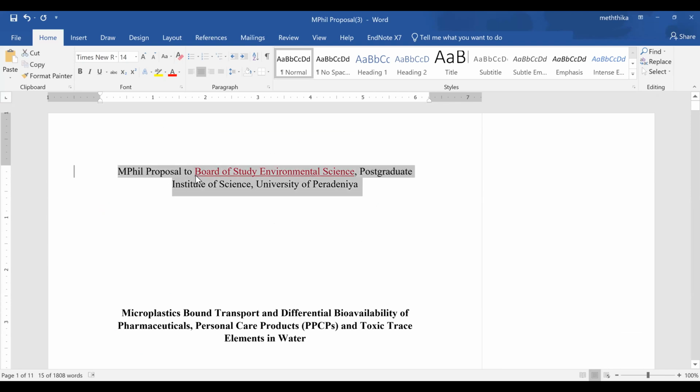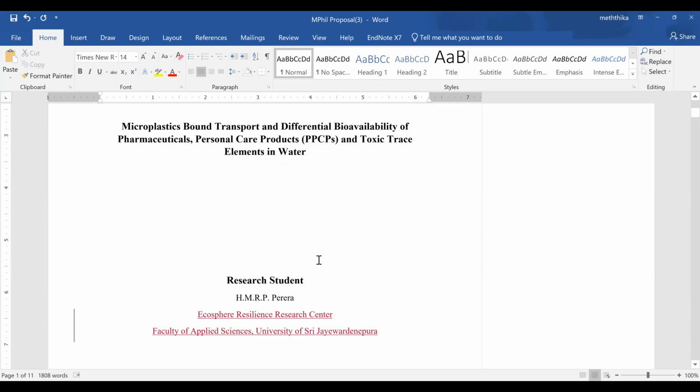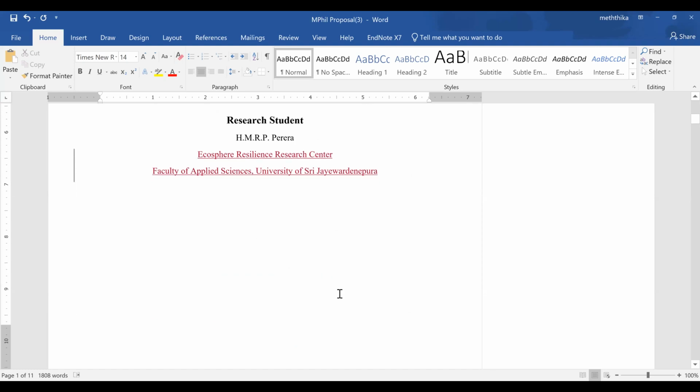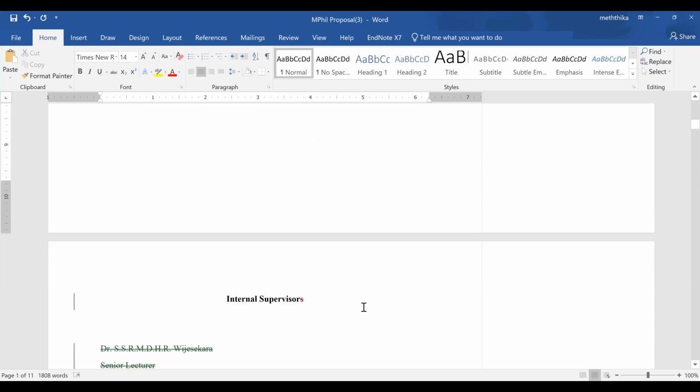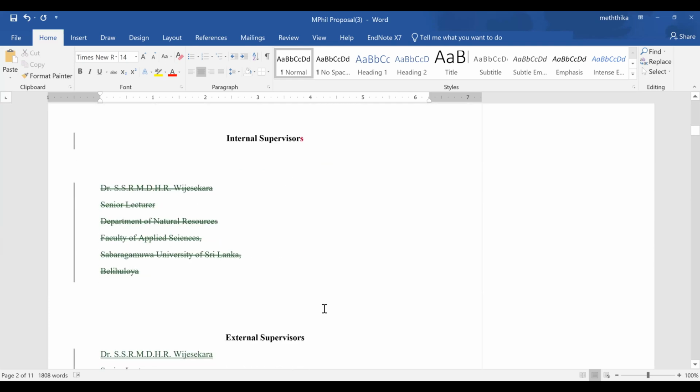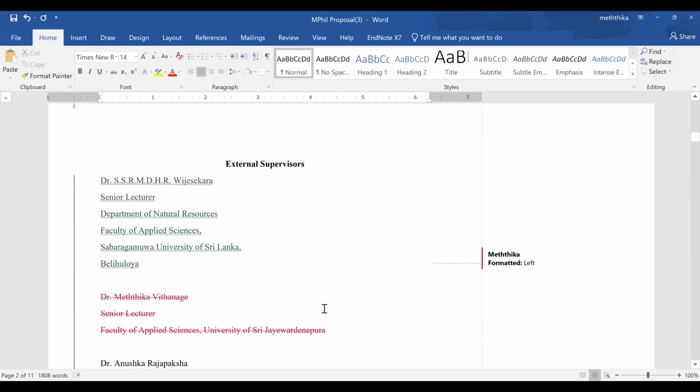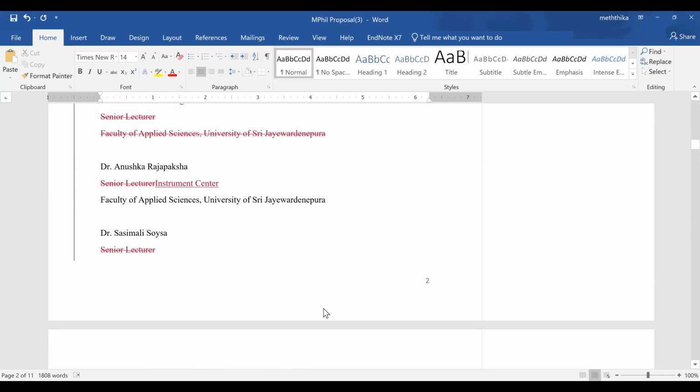So, MPhil proposal to the Board of Study, and then the Postgraduate Institute you are submitting to, then the title and the name of the research student and where he or she is working on this particular work, and then listing the internal supervisors and external supervisors.